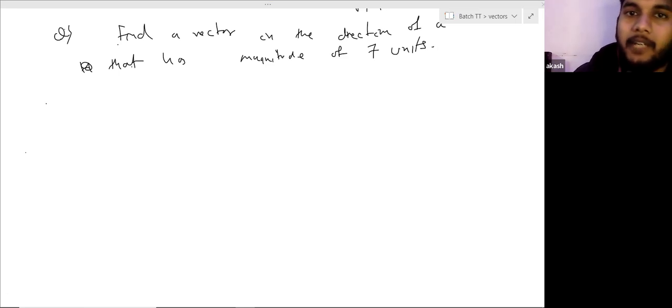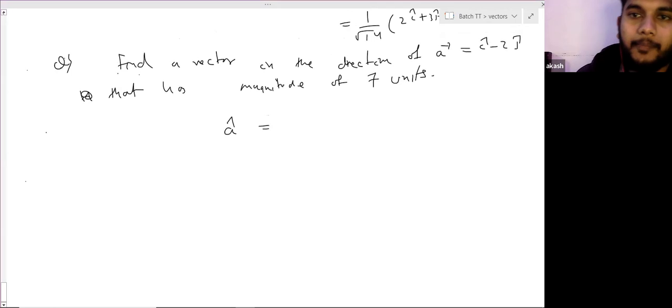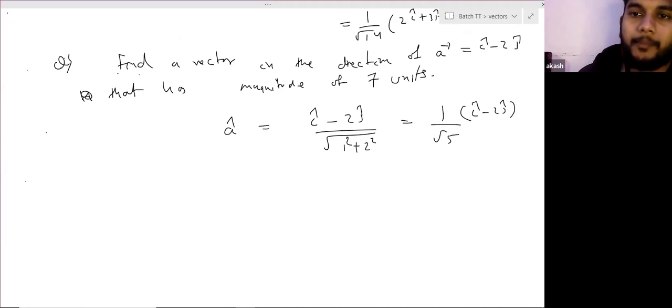So when they say find a vector in the direction of a vector, so first task is to find a cap. All right, so let's find a cap. A cap is i minus 2j divided by 1 square plus 2 square, so 1 upon root 5 i cap minus 2j cap. Now they are saying find a vector which is in this direction but a magnitude of 7.